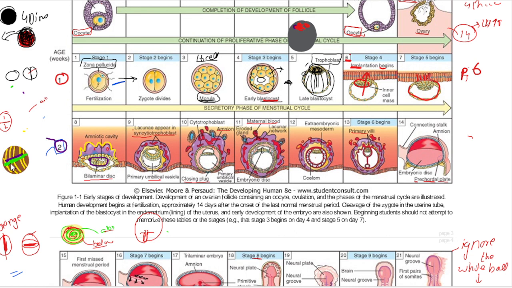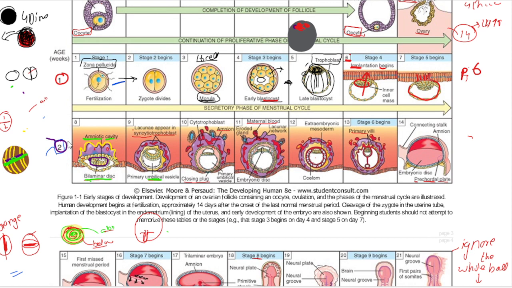One is above the disc, the bilaminar disc. The inner cell mass converts into the bilaminar disc. The space above the disc is called the amniotic cavity, and the space below is called the umbilical vesicle.